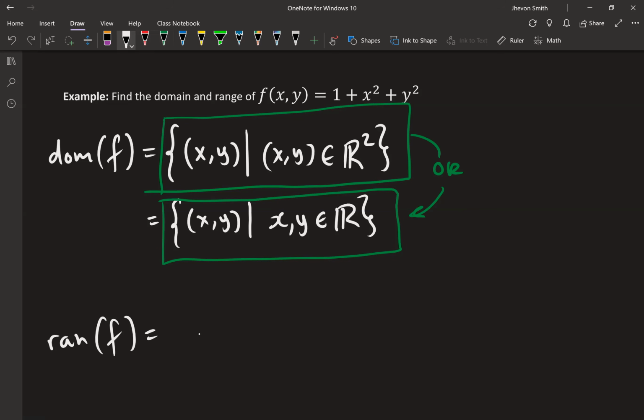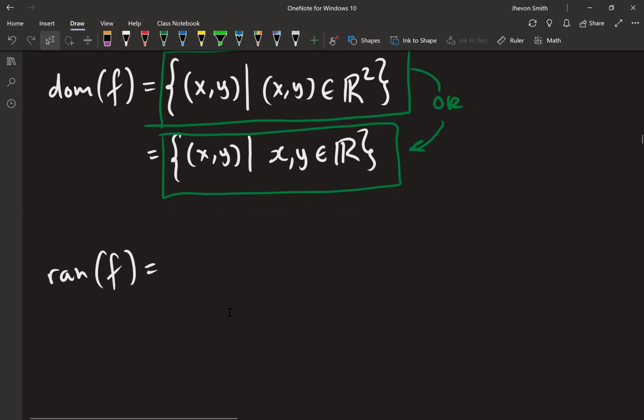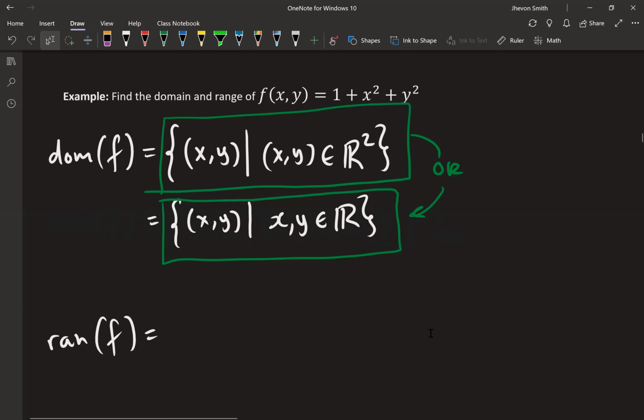What about the range? Tell me about the outputs. Someone tell me what the range would be. Oh, you can't see the function. There it is. The range of this function.